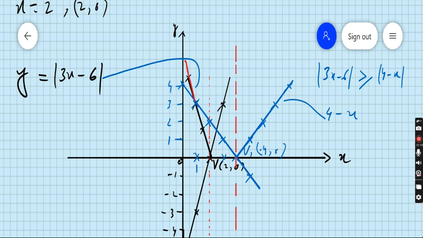If you extend this part, this red part, it is above the blue line. And all values which are less than or equal to 1, or look at this.